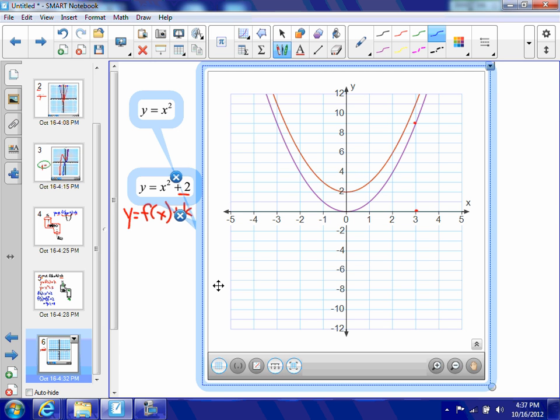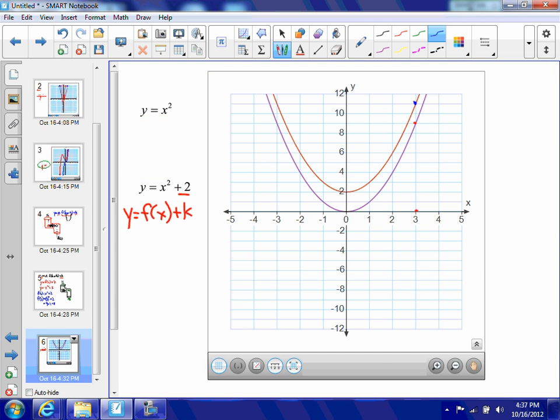Now evaluate it at 3. I've gone through the squaring process, and then I add 2. So now the answer is 11. So I've raised it, and that happens for every single point. If I'm evaluating f of x, my parent function, at 0, and I go to my child function, x squared plus 2, I'm just adding 2 at the end of every single value.